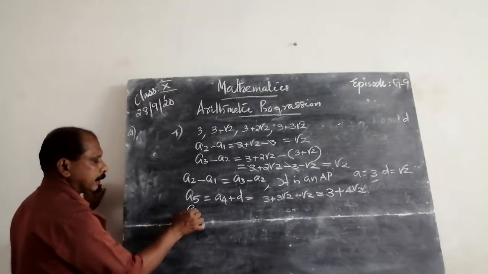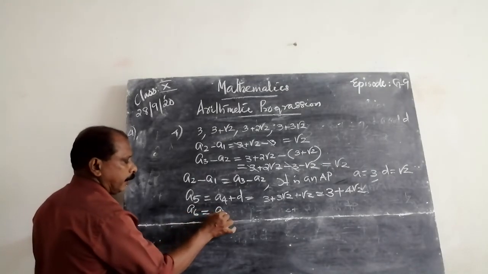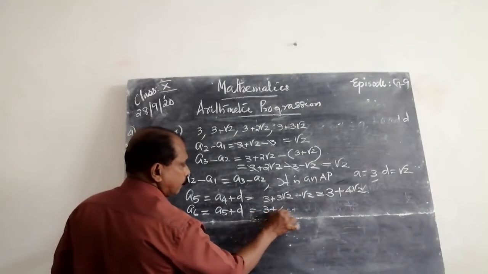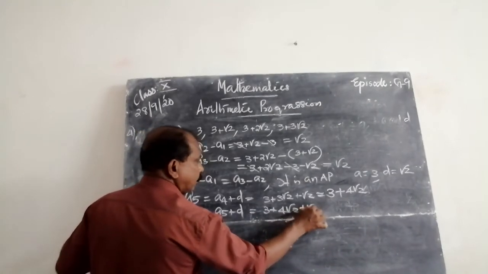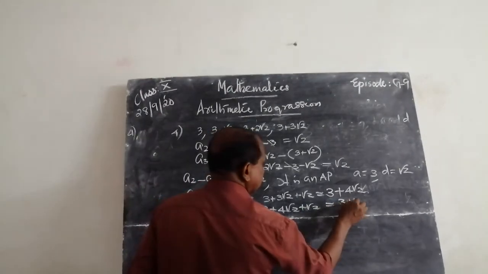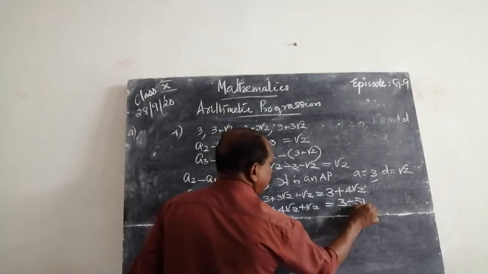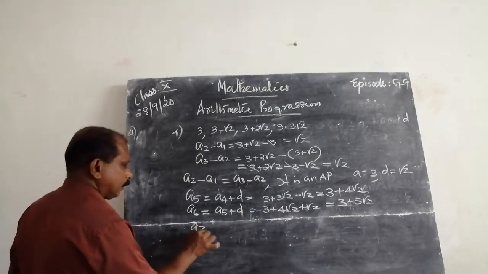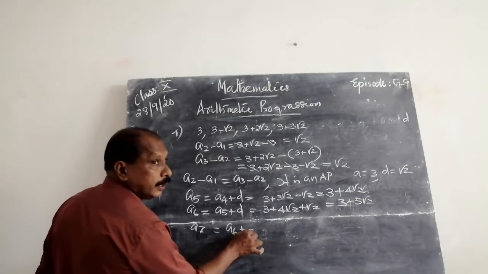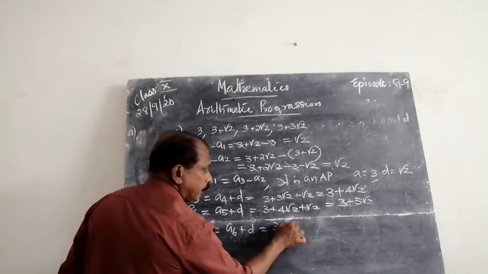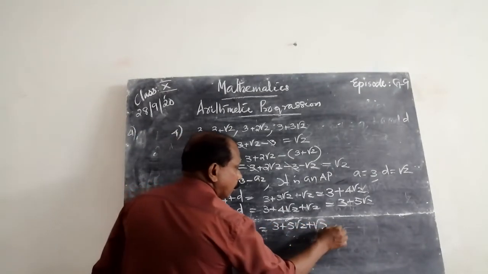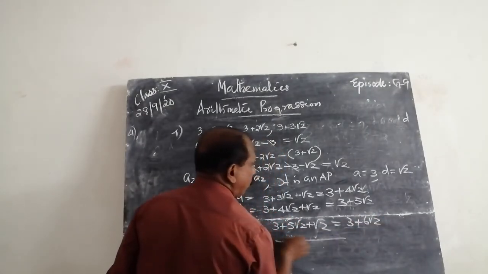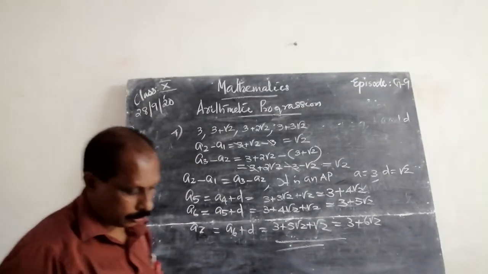Then A6 is equal to A5 plus D. Okay? That is equal to 3 plus 4 root 2 plus root 2 is equal to 3 plus 5 root 2. Then A7 is equal to A6 plus B, that is 3 plus 5 root 2 plus root 2, that is equal to 3 plus 6 root 2. Okay. Therefore, we get the next 3 terms.